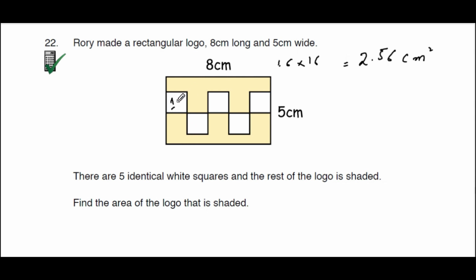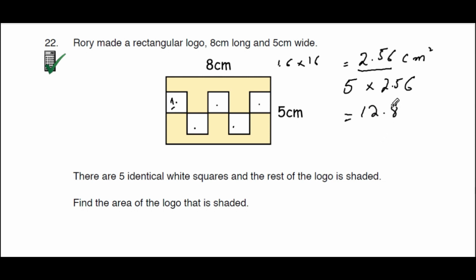But we need to find the area of 5 squares. What we have to do then, when you have something each and you need to find more, multiply. So the same thing we are going to do over here. 5 times 2.56, and that will give you 12.8.